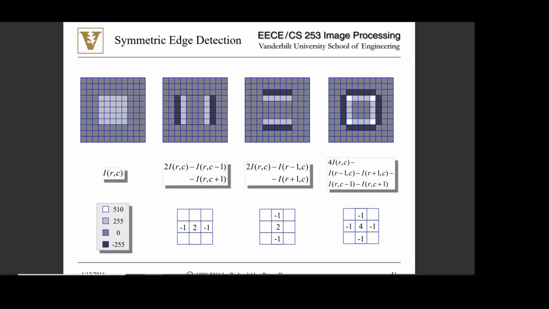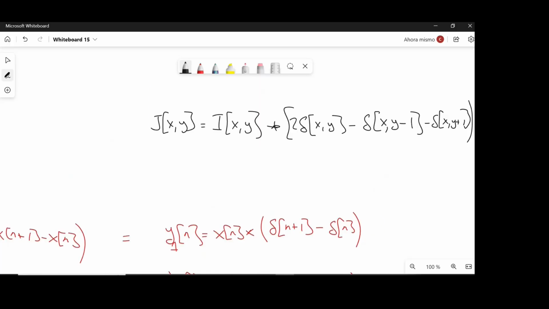Okay, so next, now we plot those deltas. So this curve, let's plot it. This is x, this is y. Now I have 2 here, and I have -1 at y minus 1. This is the origin, the 0, 0 point.